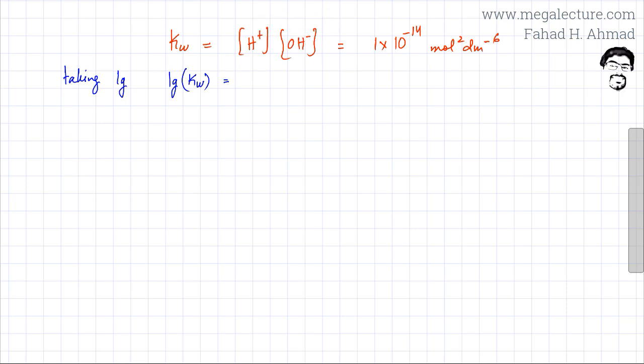Remember, when you take the log of a product, it becomes log of H+ plus log of OH-. So this expression would change into log of the concentration of H+ plus log of the concentration of OH-.